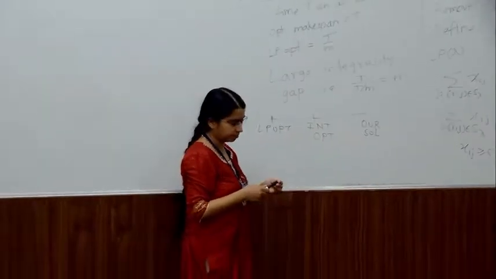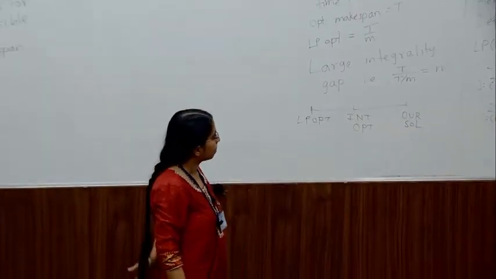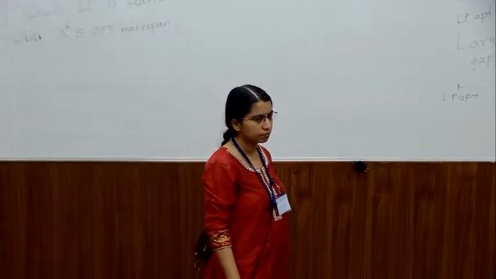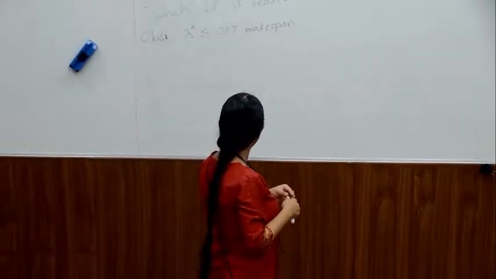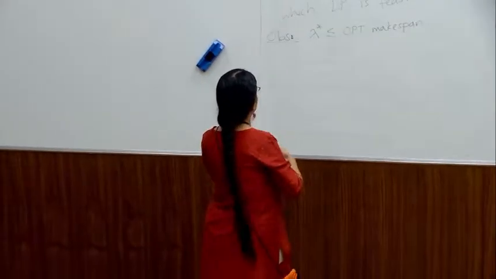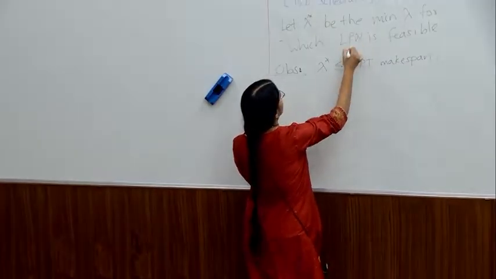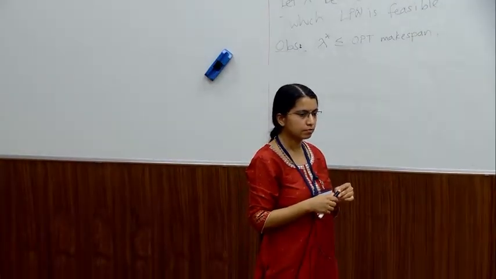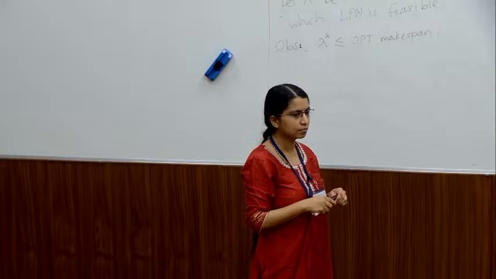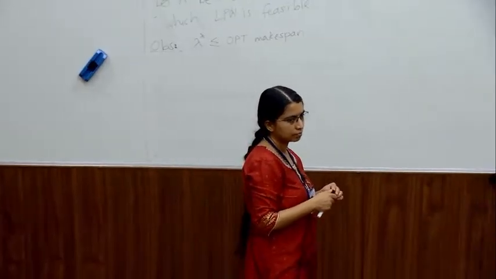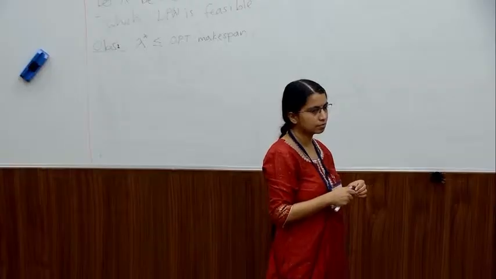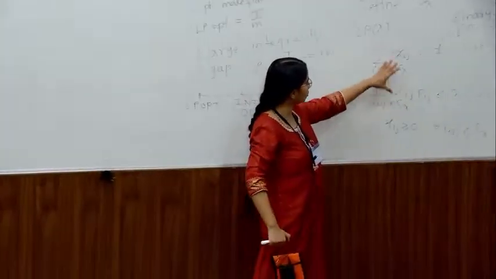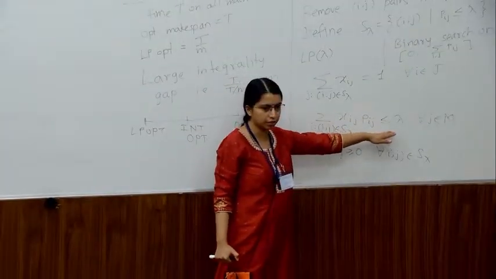I have a question. One thing is not immediately clear: suppose lambda star is the minimum lambda for which the LP is feasible. Intuitively, if we make lambda smaller, the LP should become infeasible, but why is that apparent from these constraints? Because whatever is feasible for a smaller value of lambda is also feasible for a larger value of lambda.